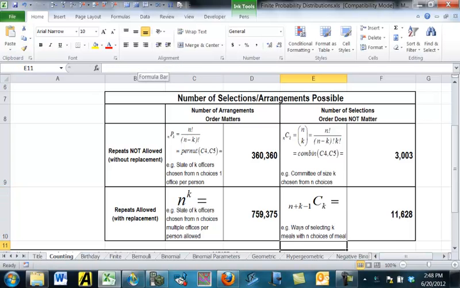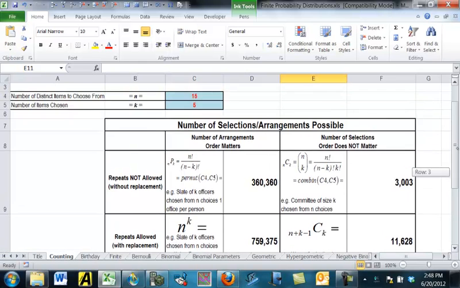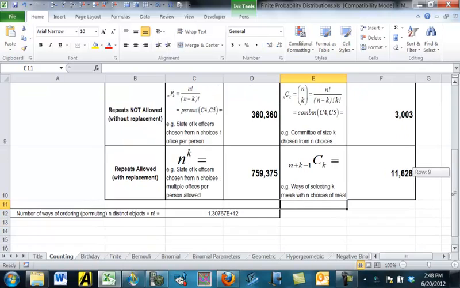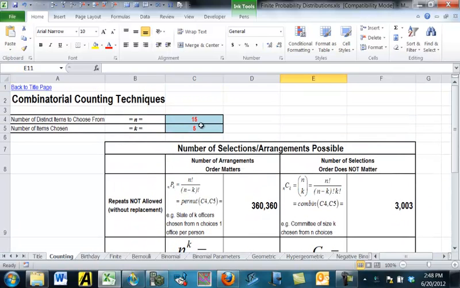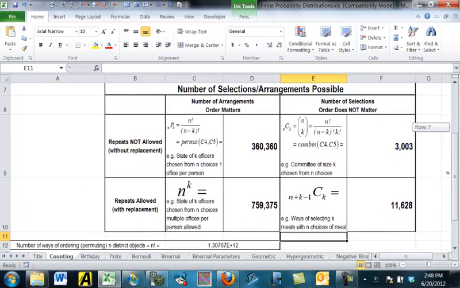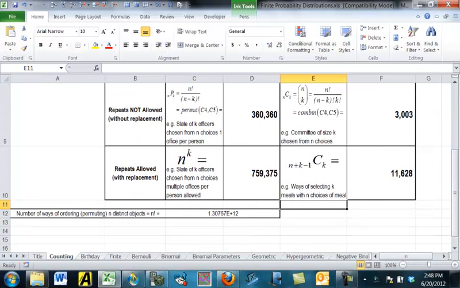Selecting k meals with n choices of meal. It's n plus k minus 1, choose k. We discussed this in an earlier video, but here is a spreadsheet that can calculate all of these things at once, all these different options, when you just plug in n and k here.